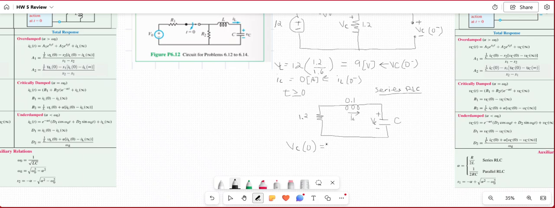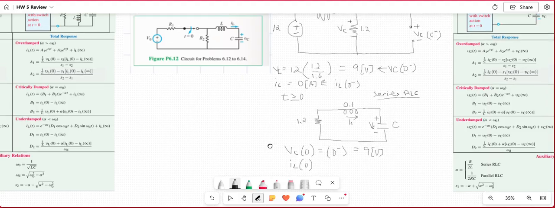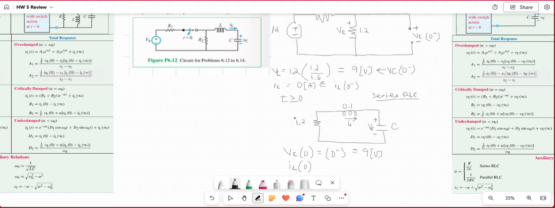So VC of 0 equals VC of 0 minus, which is 9 volts. And IL of 0, for inductors, it's the same thing but for current. In an inductor, current can't change instantaneously, so the current at t equals 0 is what it is at 0 minus, and that is still 0 amps.